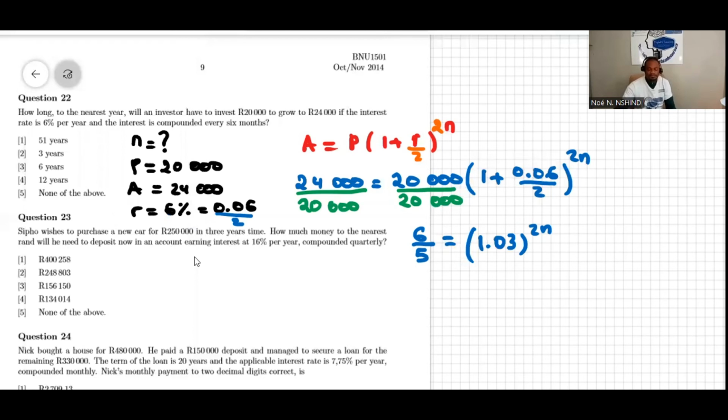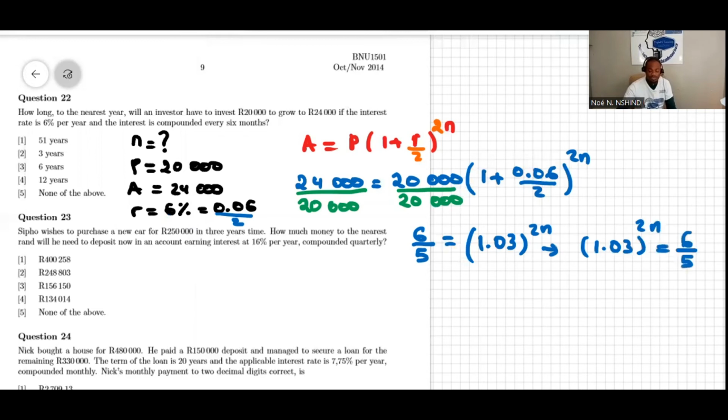Then we can use the log formula. Let me first reverse it. I write 1.03, keeping the unknown on the left, to the power of 2n equal to 6/5.